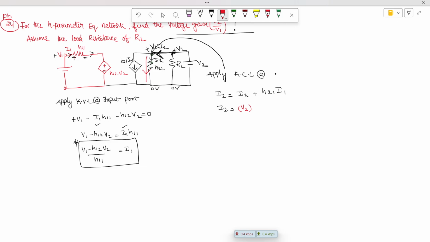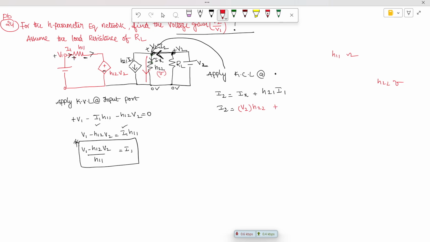What is H22? You can see here H11 is in ohms, H22 is in mhos, so directly we can write H22.